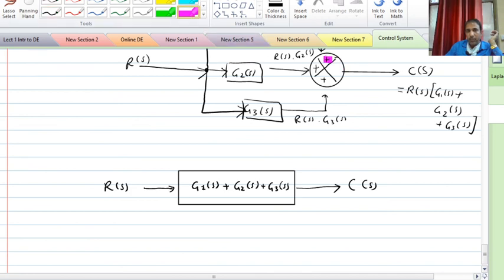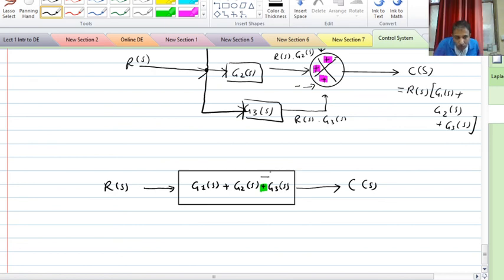If any of the signs is changed, suppose this sign is changed from plus to minus, then we have to change this sign also. This is to be changed from plus to minus, we have to replace it with the minus sign.